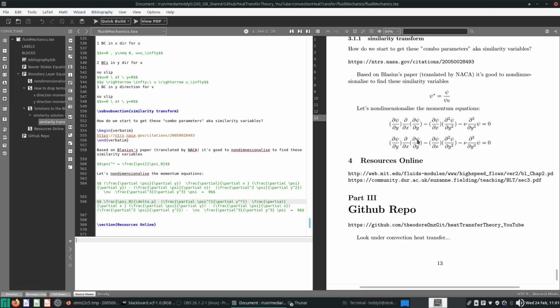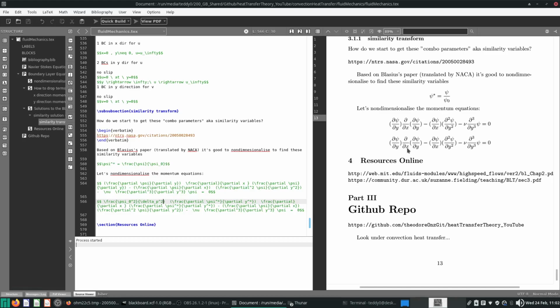Then let's look at this term. This term here is del by del x of del psi del y. Okay, del psi del y, again we can non-dimensionalize it in the same way. Psi becomes psi star, y becomes y star, and then you multiply the psi naught and the delta outside. So I'm just going to put a square, and let's think about this term.